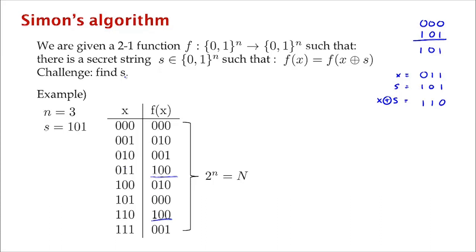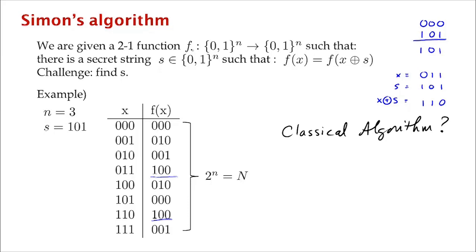So how can we do this? Well, let's first try to understand how we could do this classically. What would a classical algorithm look like? Once again, we are given this function f in the form of a circuit which computes it, and moreover, this circuit is a black box, so we can't open it up to look at what's going on inside.